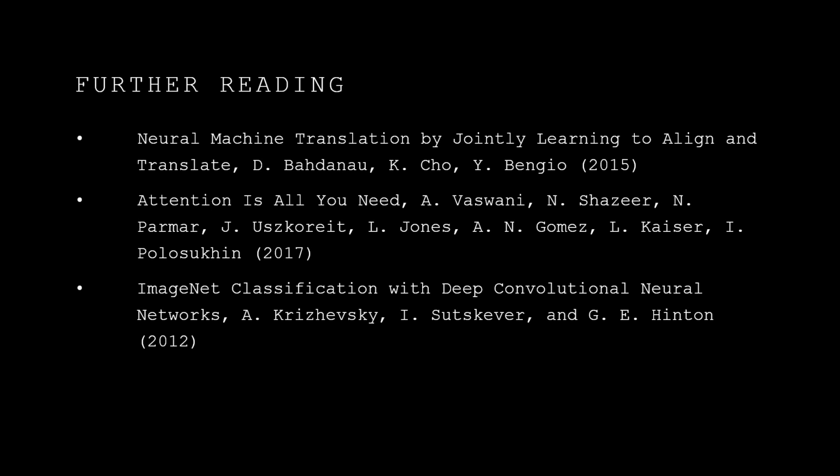And thirdly, an older paper which I see recommended an awful lot when thinking generally about deep neural networks, and that's the paper ImageNet Classification with Deep Convolutional Neural Networks. I often see that recommended as a good starting point for getting your head around deep neural networks.